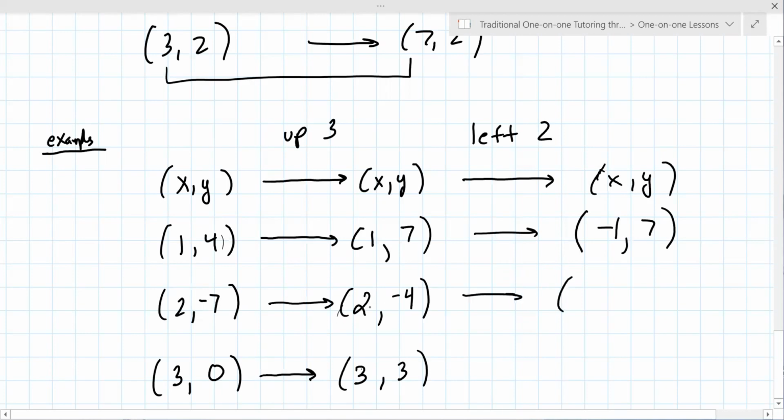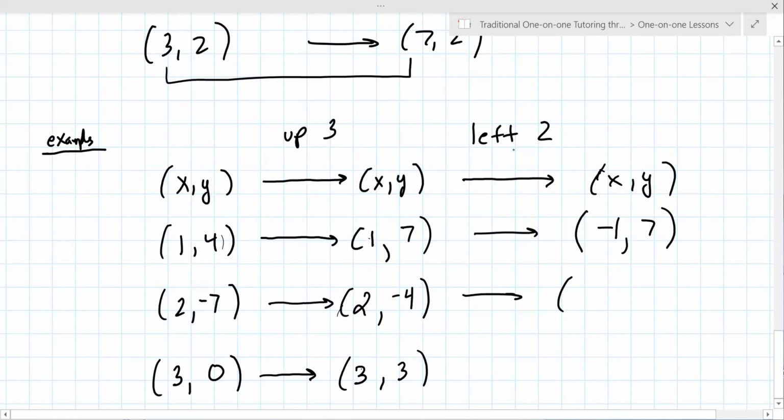Again, you subtract 2 from this first number. You subtract this first number by 2 because you're only changing X. Like how did we go from 1 to -1?